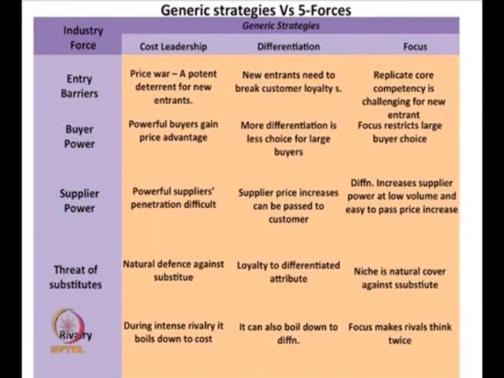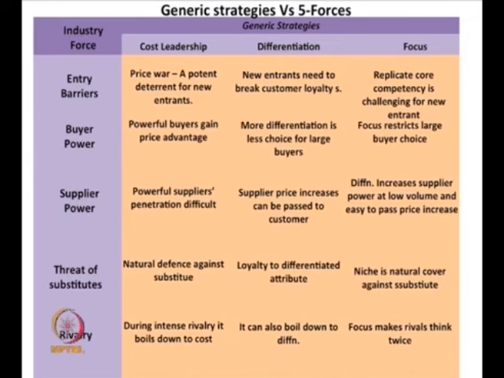And it is possible that these generic strategies, if we compare it with the 5 forces, might also give some internal strengths viewed from a 5 forces perspective that makes the industry also attractive.